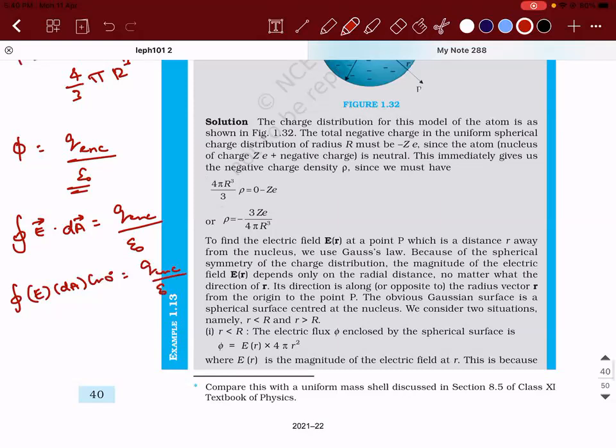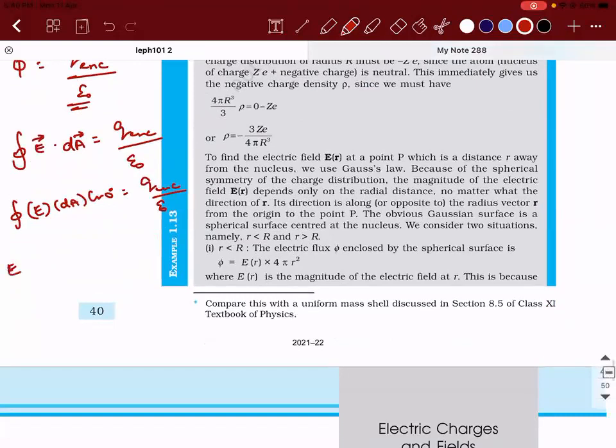So I'll take that E outside. E into the surface integral of dA is equal to the charge enclosed in that smaller portion. This is where the trickiest part is. So how do you calculate the total charge that is present?